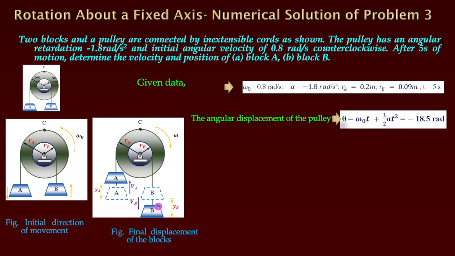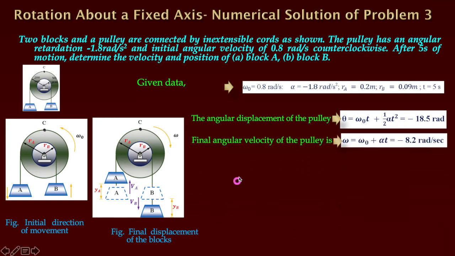Now let's find out. The final velocity of the pulley is omega equals omega 0 plus alpha t, which equals minus 8.2 radian per second. Note that initially it was in the positive direction, positive angular velocity, but finally it is negative angular velocity.